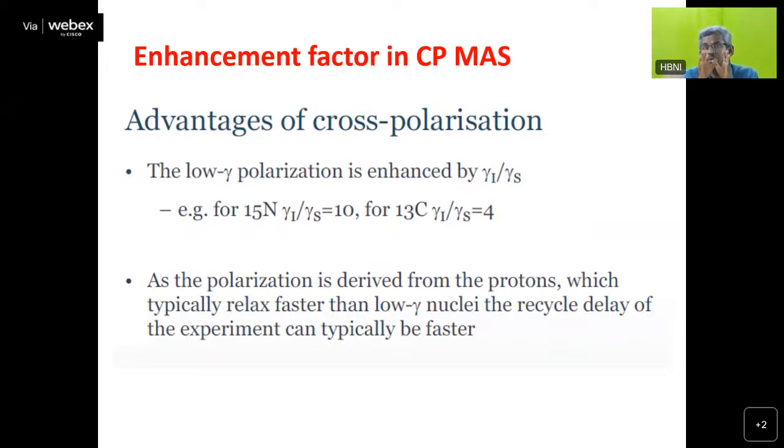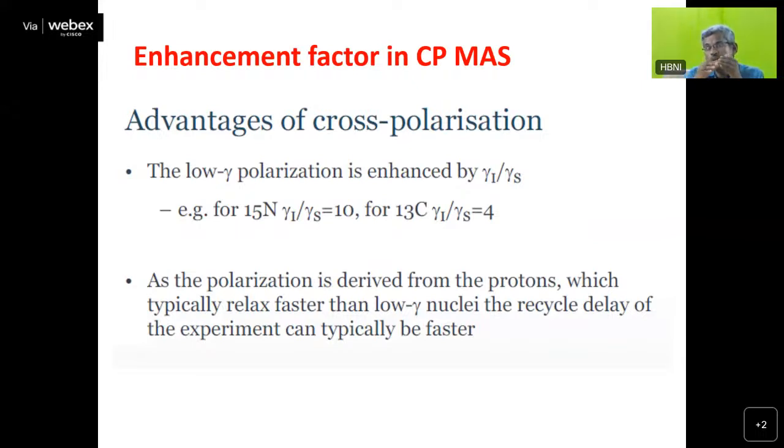So two points I want to make clear here in carbon-13 CP MAS NMR. What is the advantage of this cross polarization? One is there is an enhancement in the intensity. To what extent will the enhancement take place? The enhancement will be the ratio of gamma I by gamma S. For carbon-13 and proton, gamma I by gamma S is around 4.